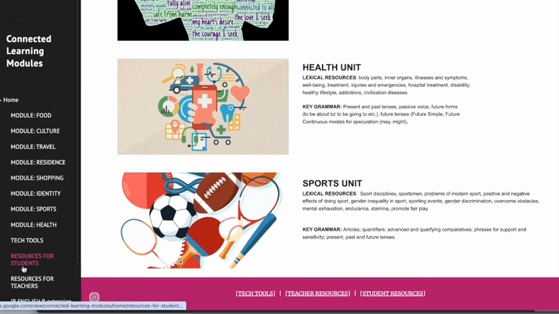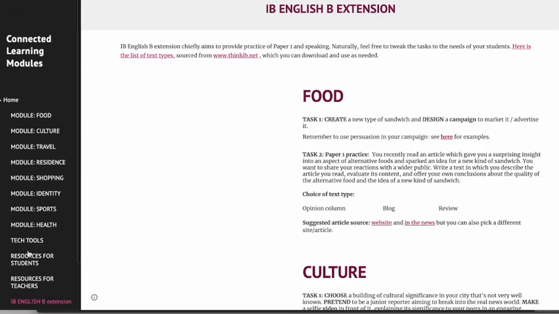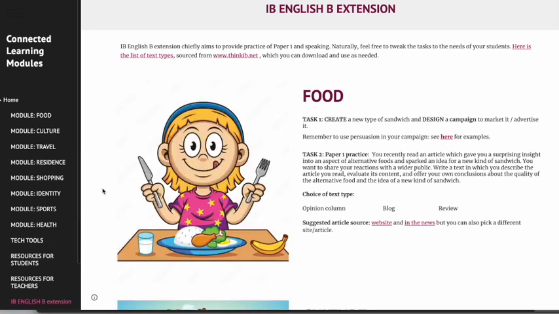Furthermore, we also have two extension pages. One is for IB English B students. These can be used for standard or higher levels. The extension chiefly aims to provide practice of paper 1 and speaking. This is why the tasks are creative types of tasks, and also they are paper one practice.